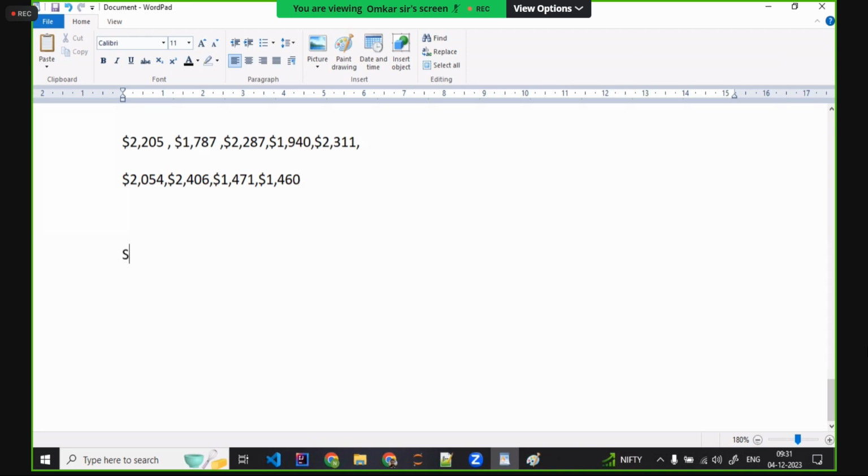Step one: arrange in order, either ascending or descending. Tell me what the ascending order is. What is the first, minimum value? 1460. Next value? 1471.